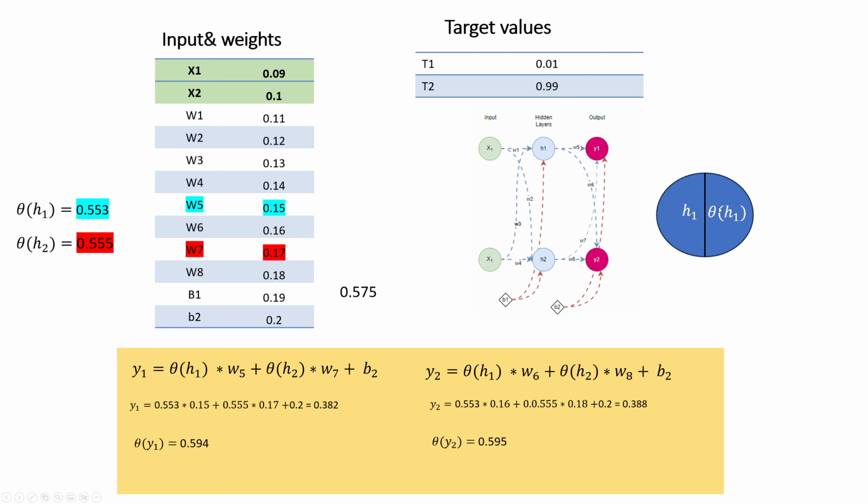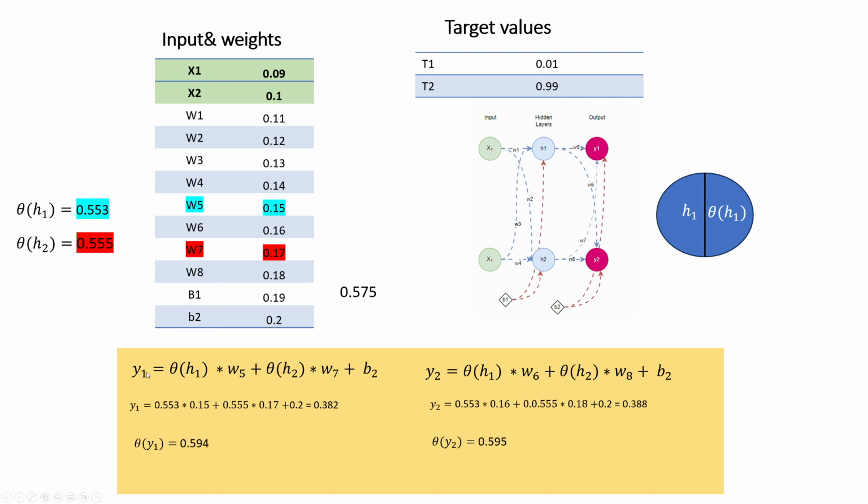So this will be sigmoid of h1 multiplied by weight 5 plus sigmoid of h2 multiplied by weight 7 plus the bias b2, and this is a simple calculation. Hopefully this is right, because if you find some error, you can see the formula here. Maybe there's some mistake or these values are wrong, but I tried to make it precise.